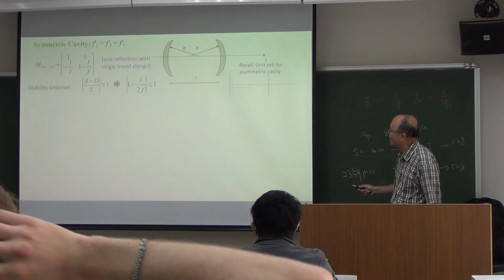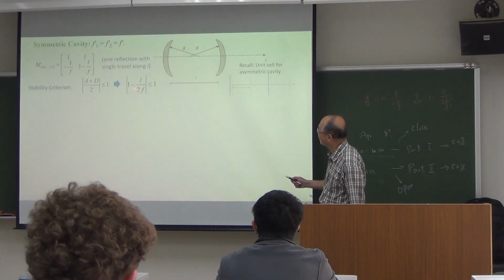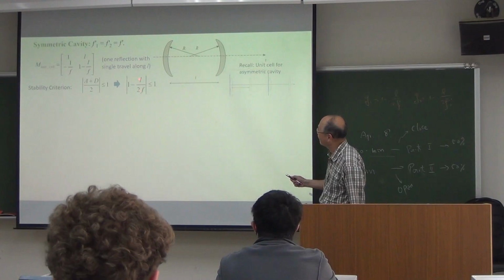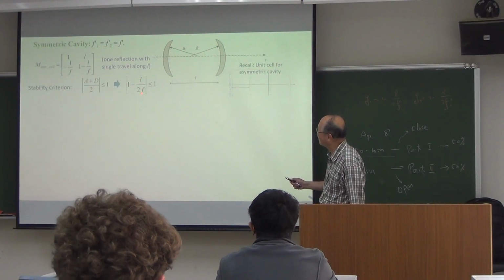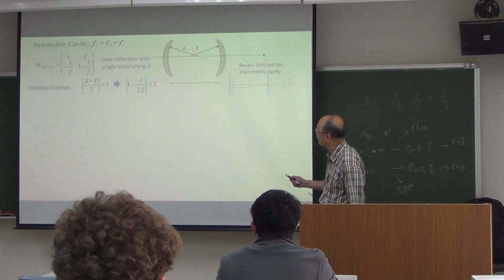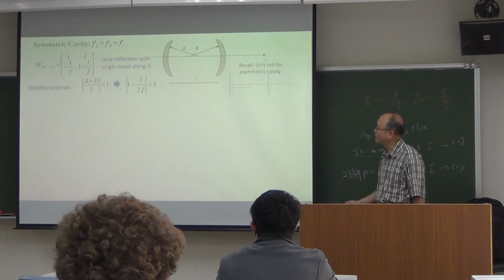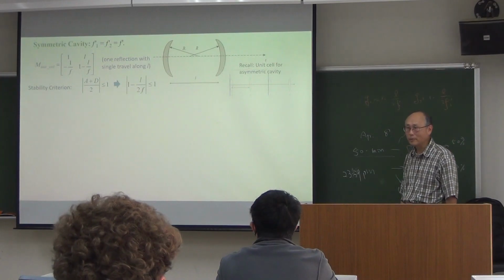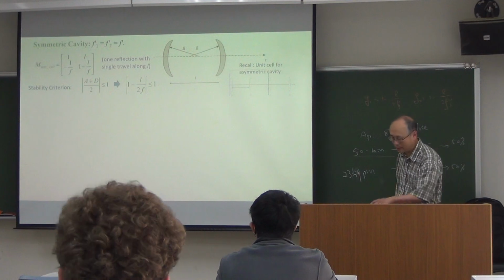Then you will be on the border of the stability. Okay. If L is equal to 2f, then you have 1 minus 1 equal to 0. 0 is less than 1, so it satisfies the stability criteria. Okay, so this is how you design your cavity.